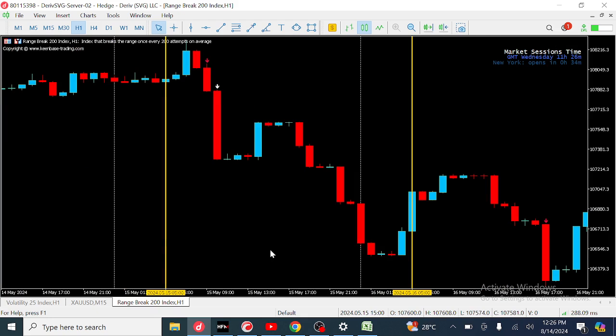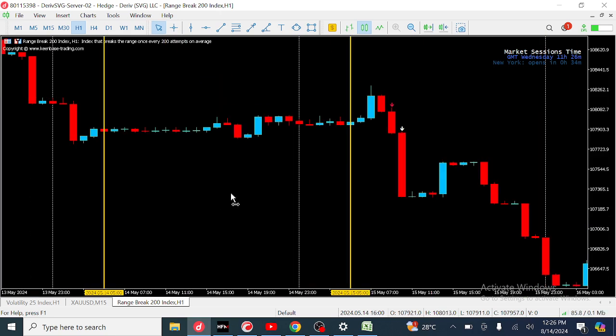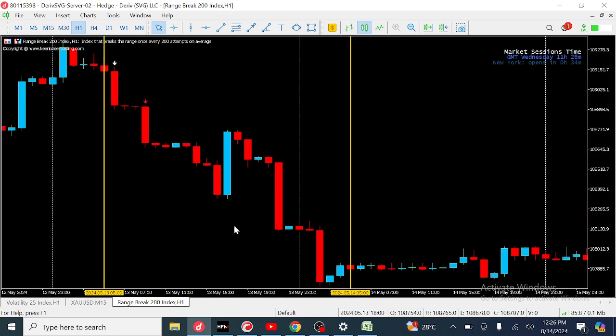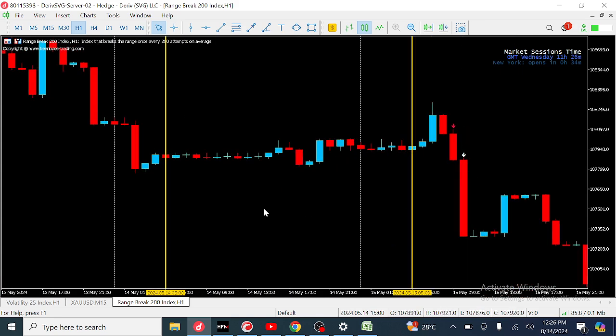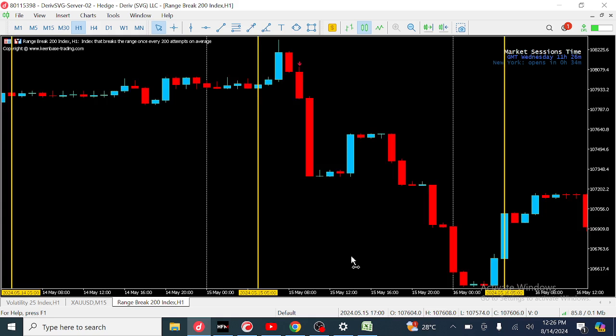Now, the challenge that most people have with range break is that they don't have entries all the time, and even if they do, it's not guaranteed to be profitable. But in this case, you have an entry just a day before, and then just the day after you have another entry.